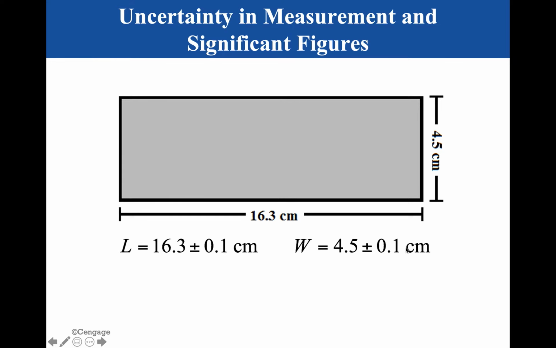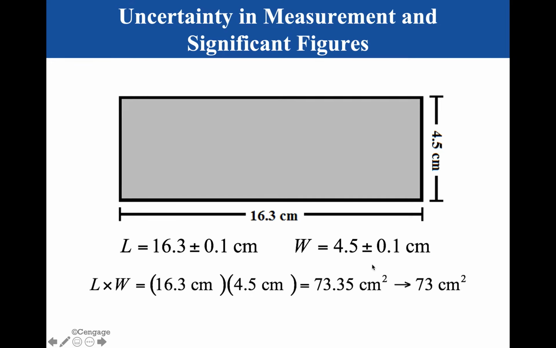And same with the width. So when I multiply them together, even though I get a value of 73.35 square centimeters, I have to round that to the minimum amount of sig figs I've got, which is 2. There's 2 sig figs here, there's 3 here.